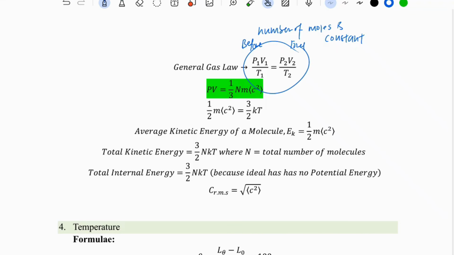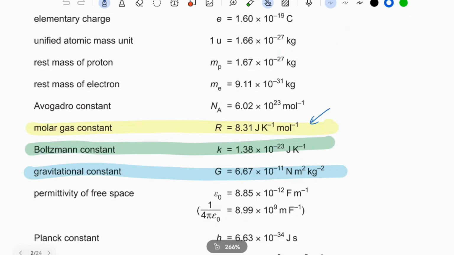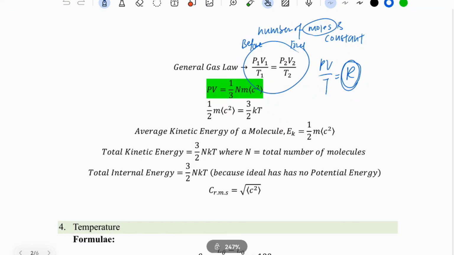Regardless, make sure the number of moles is constant. This is something that you should take note of. Actually, this PV over T is equal to a constant. This constant value is your universal molar gas constant, which is this one, 8.31. So that is a few things you should take note of.